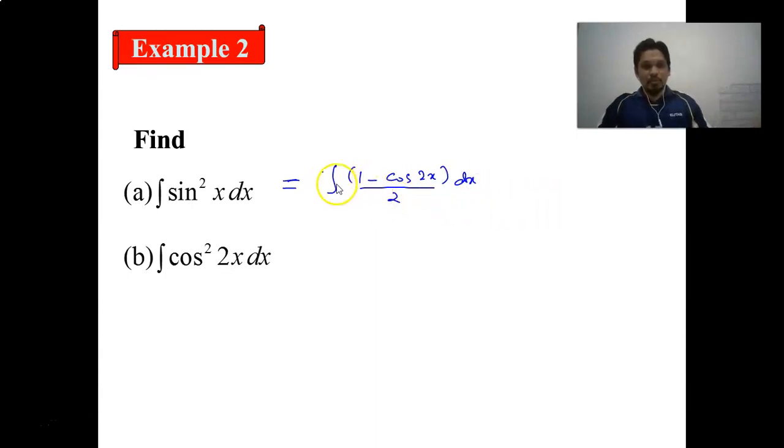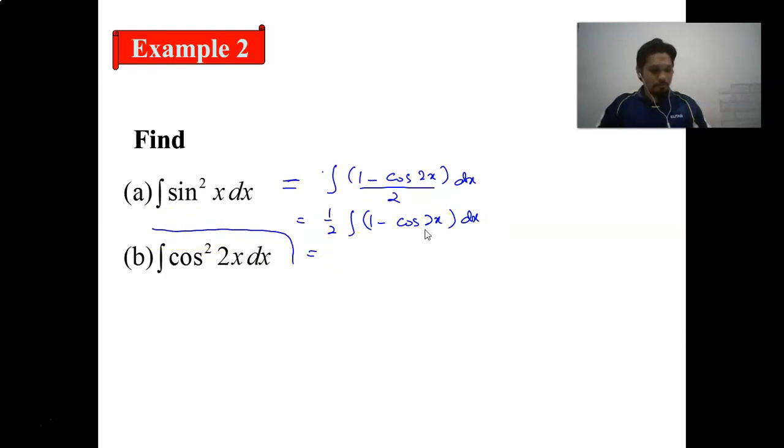So 1 over 2, take it outside: 1 over 2 integral of 1 minus cos 2x dx, equals 1 over 2 times the integral of 1 with respect to x, which gives you x, minus the integral of cos 2x, which is sine 2x divided by the derivative of 2x, which gives you 2, plus c.